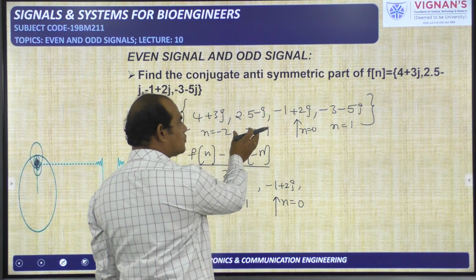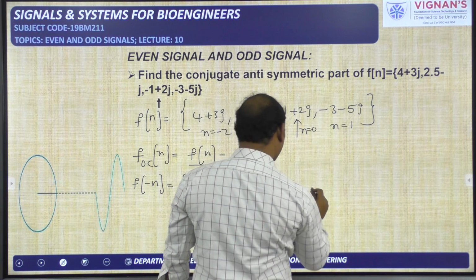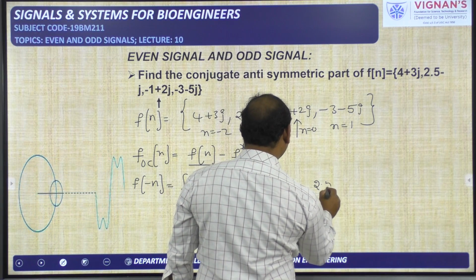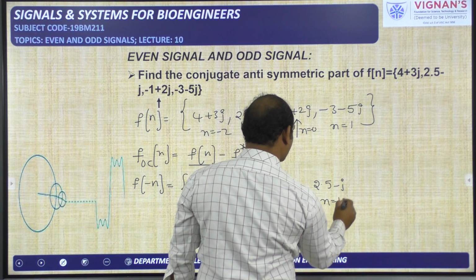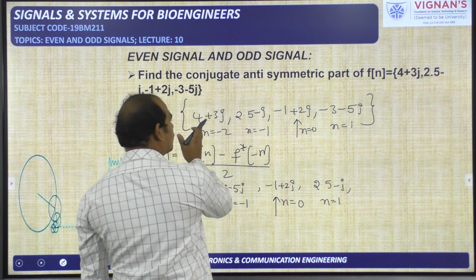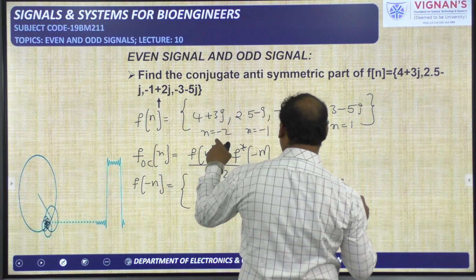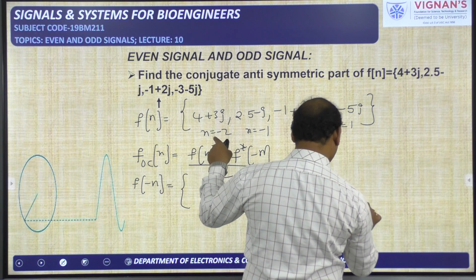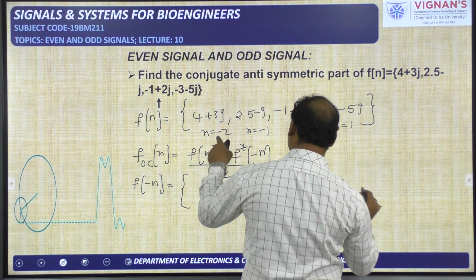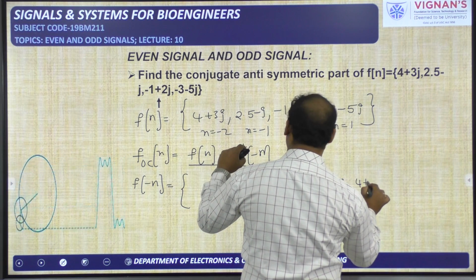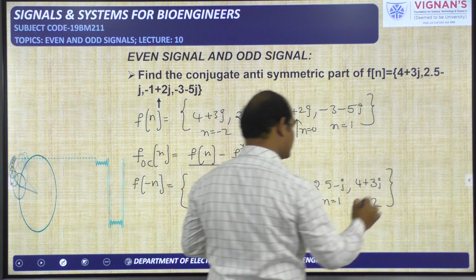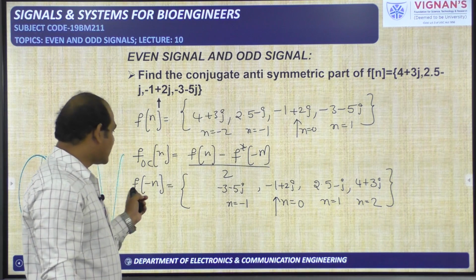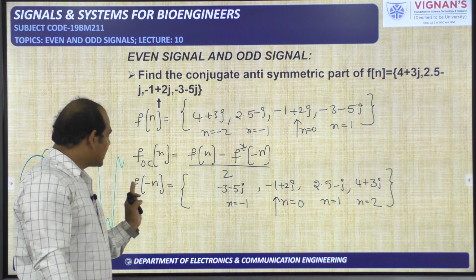The sample at n is equal to minus 1 will be at n is equal to plus 1. That is 2.5 minus j will be at n is equal to 1. The sample at n is equal to minus 2 will be at n is equal to plus 2. That is 4 plus 3j. So in this way we got the time reversal, that is f of minus n.